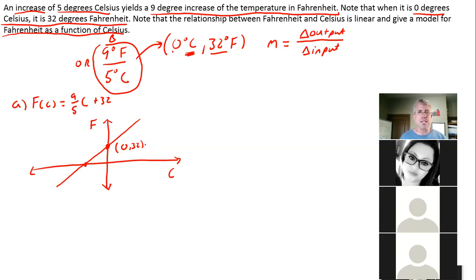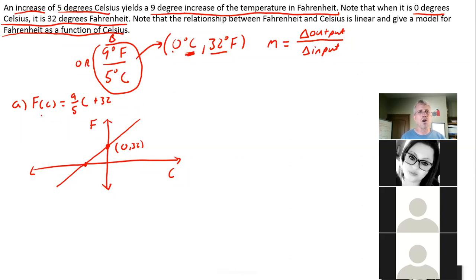So this intercept I already know. This one I would have to calculate, and to calculate this intercept, what would we need to do? Wouldn't you solve for F, Fahrenheit?